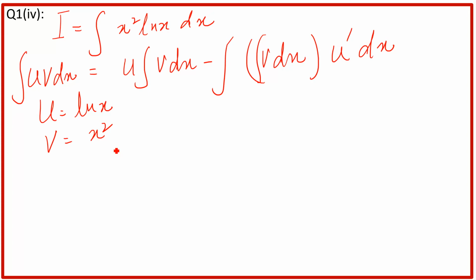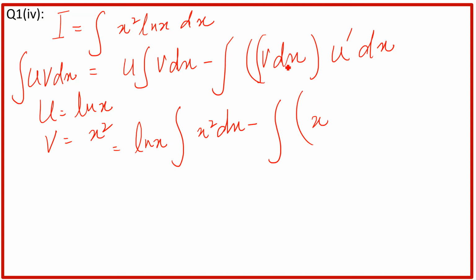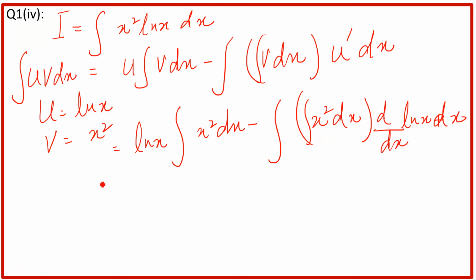Just put the values in the formula: natural log of x times the integral of x square dx, minus the integral of v dx times the derivative of u, the derivative of natural log of x.